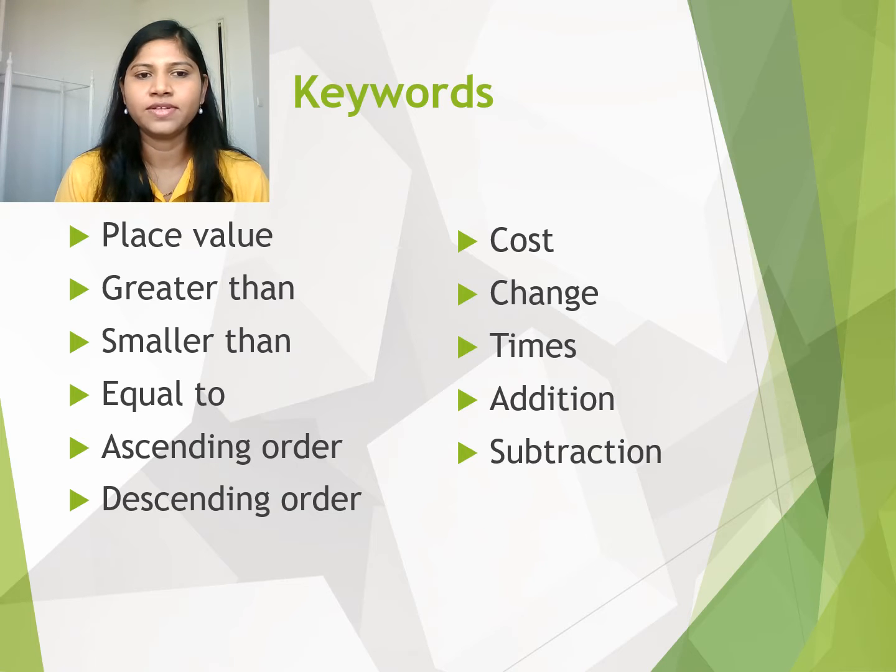These are a few keywords which we are going to focus on for this lesson. So I want you all to go through the keywords once and try to repeat and say them. First word is place value, greater than, smaller than, equal to, ascending order, descending order, cost, change.